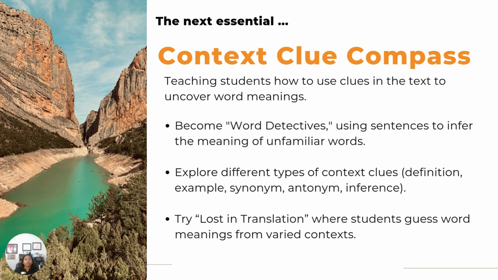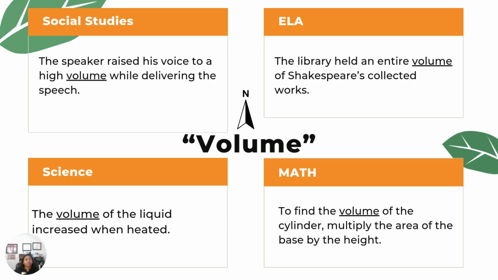And so when we went into doing this together, the example here was the word volume. You can read the different ways that volume is used in different subject areas. And think about possibly how a student goes from one core class to another in the same day and might see the same word, but they might not know that it has two different meanings.